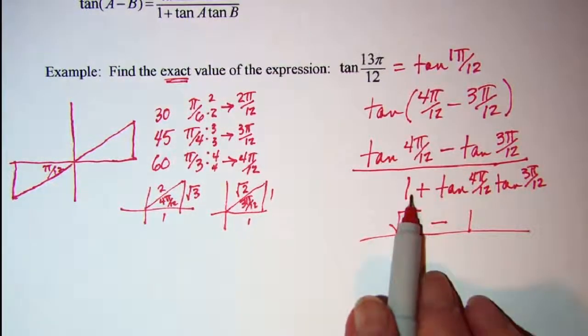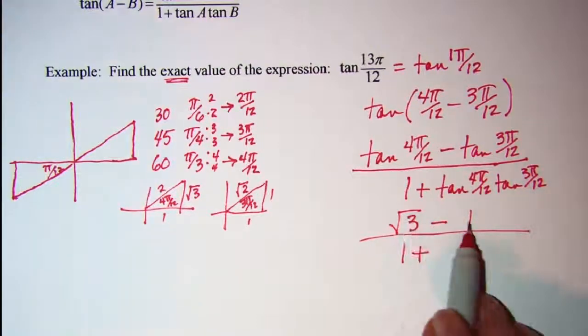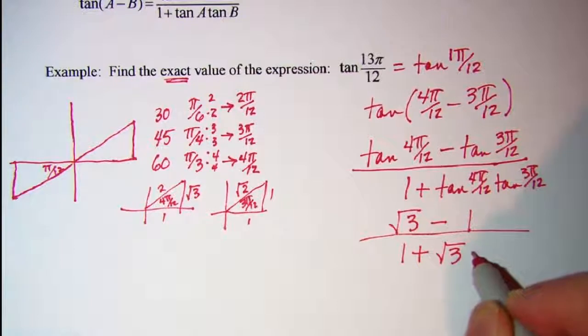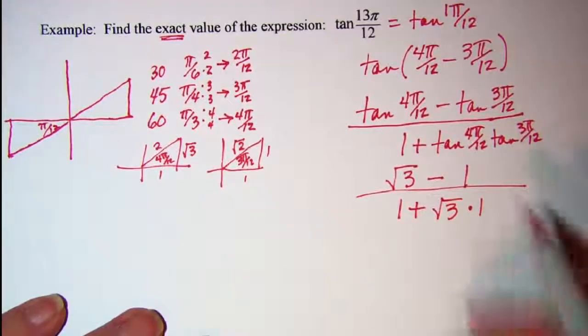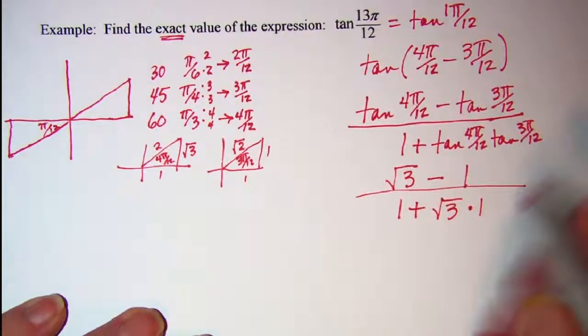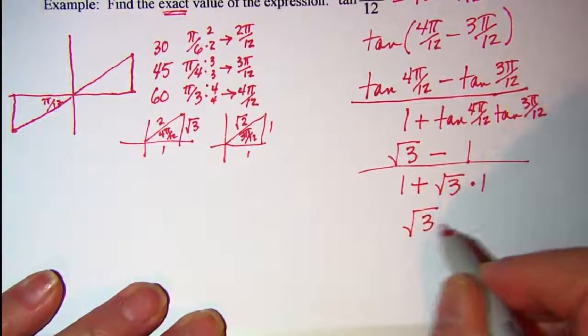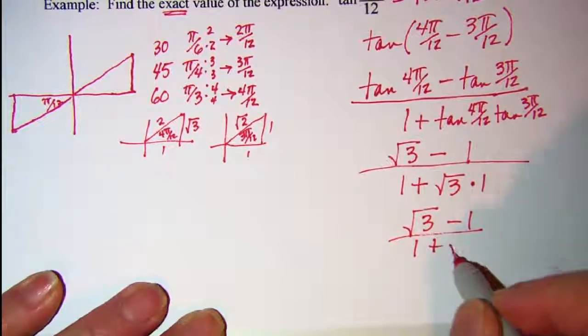And then this is just 1 plus the product of these two tangents, so root 3 times 1. We didn't need to write this one here, but the others we do. So my answer just is root 3 minus 1 over 1 plus root 3.